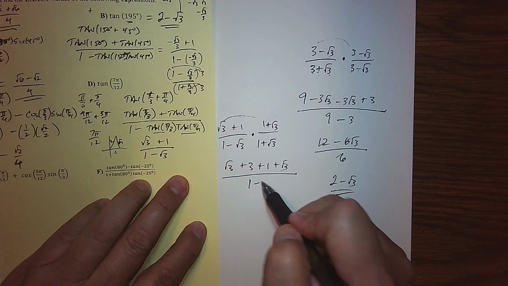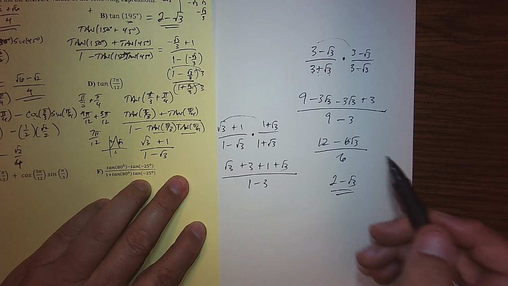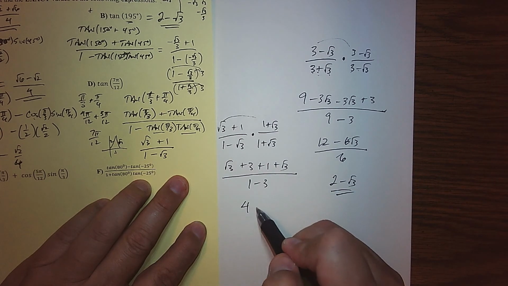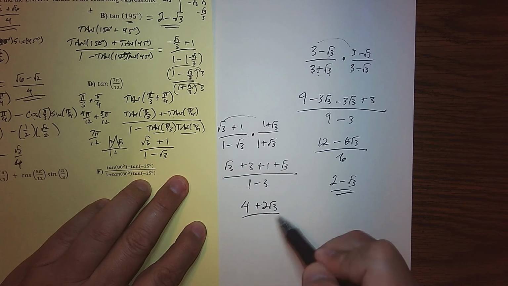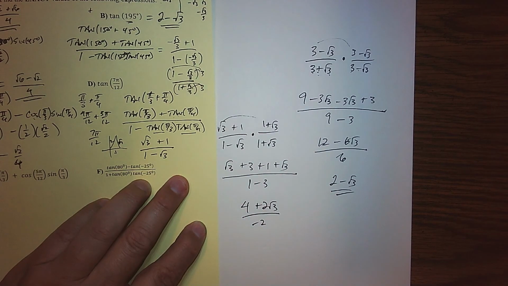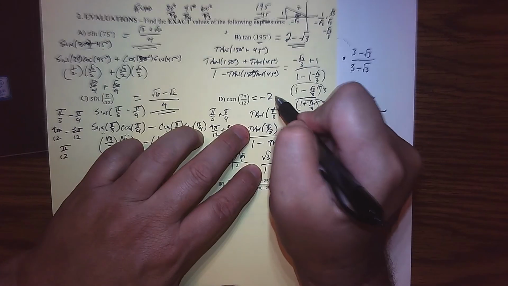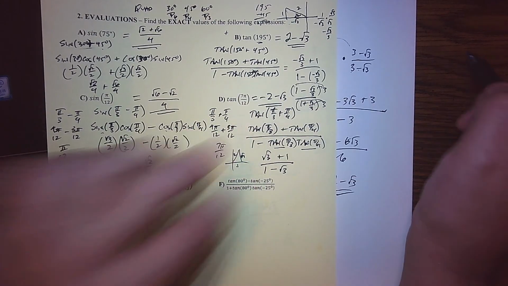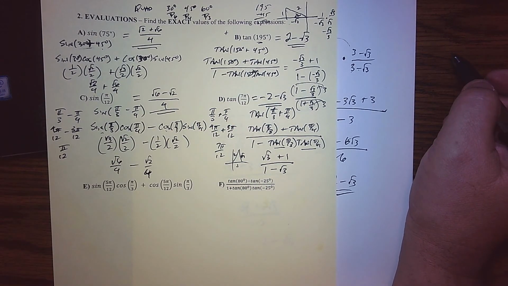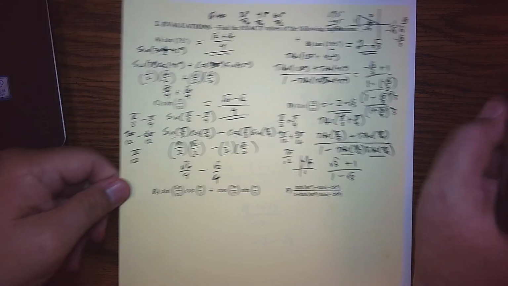Downstairs we have the difference of squares, which turns into 1 minus 3. And so we have 4 plus 2 square roots of 3 all over negative 2. And then simplifying, we end up with negative 2 minus the square root of 3. And there's our exact value for the tangent of 7 pi over 12.